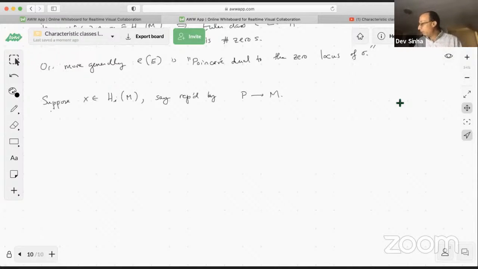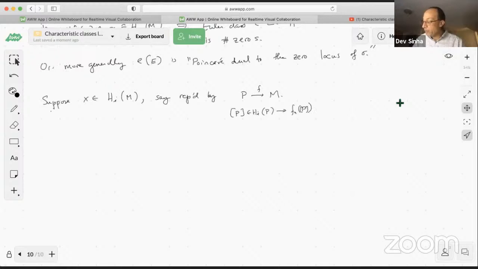That's why I called it P. So then we've got, I'll use F here now, a fundamental class in the top homology of P. P is an i-dimensional simplicial complex.